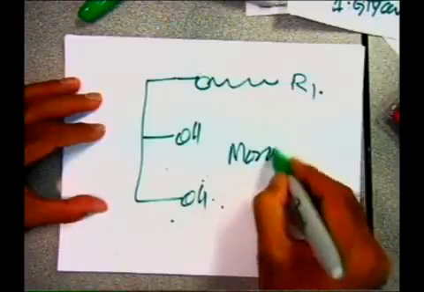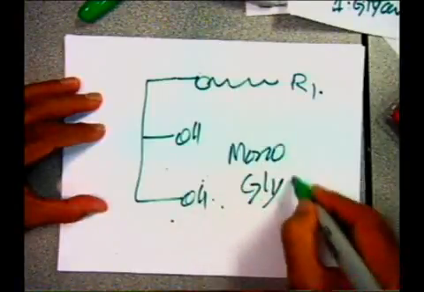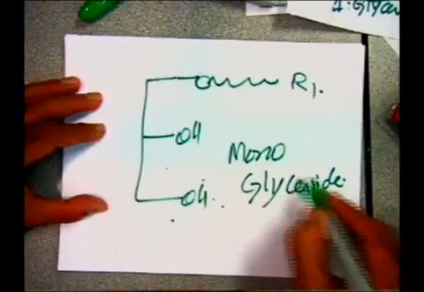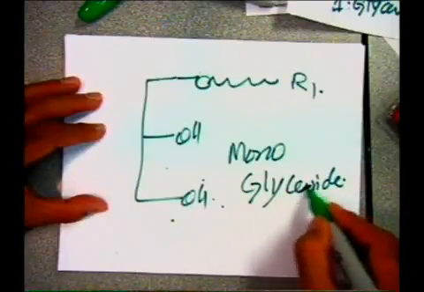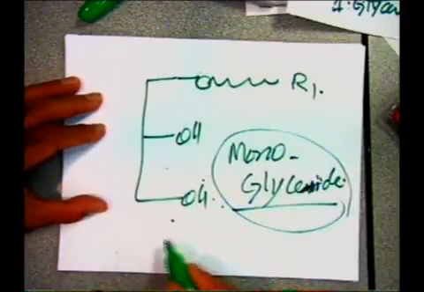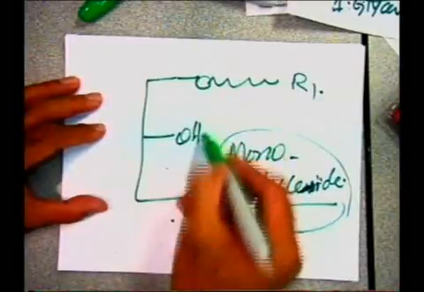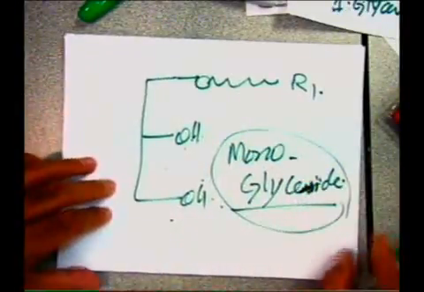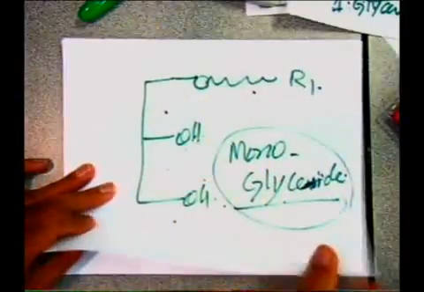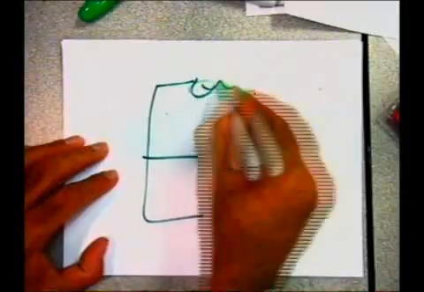This is called a monoglyceride. So one word, monoglyceride. Suppose 2 of the hydroxy groups were esterified with another fatty acid. This is 1 fatty acid, 1 glycerol, monoglyceride. Okay, another one, I write it here.